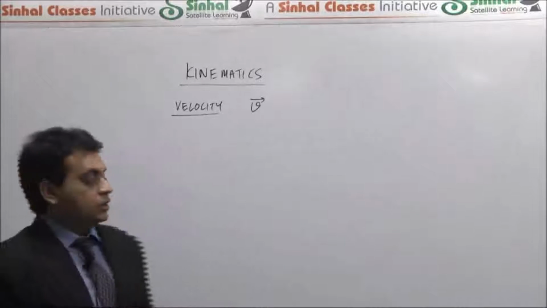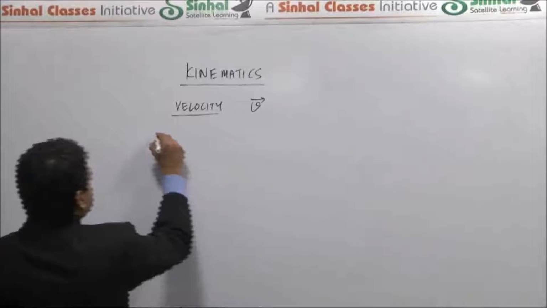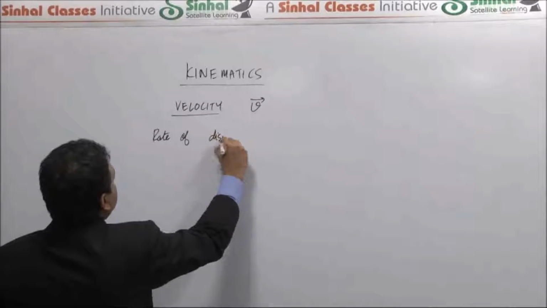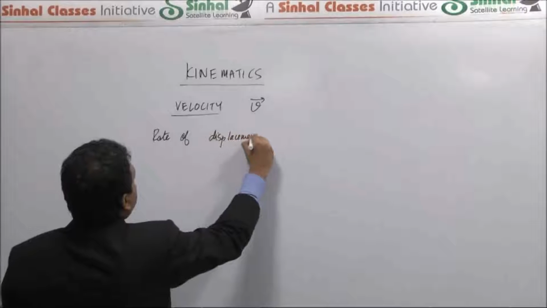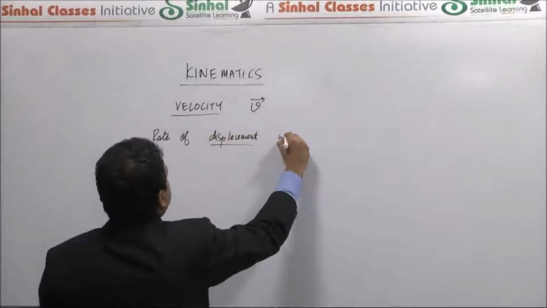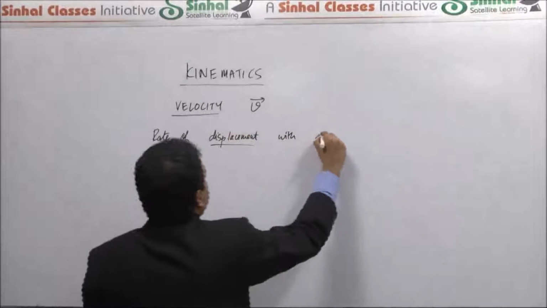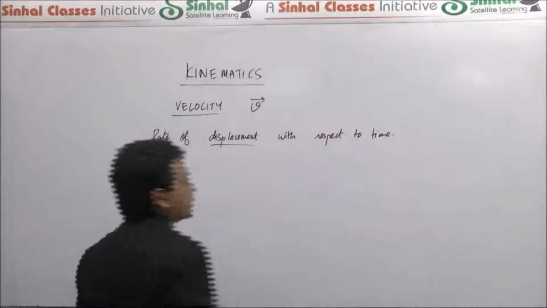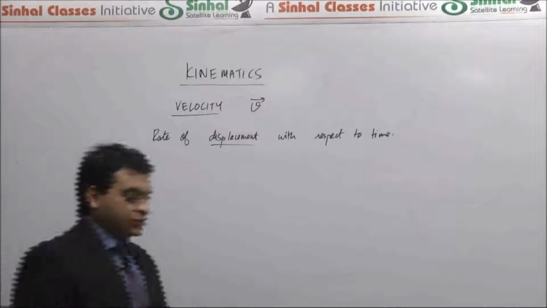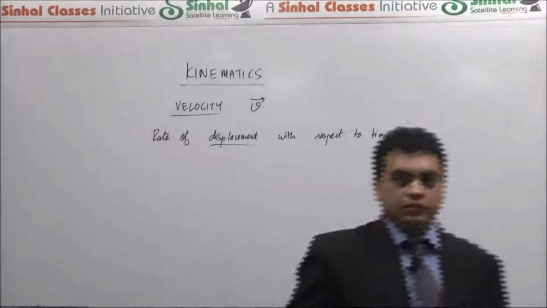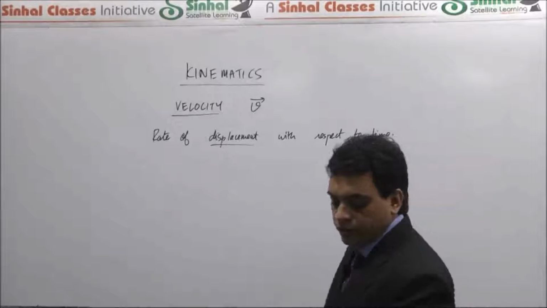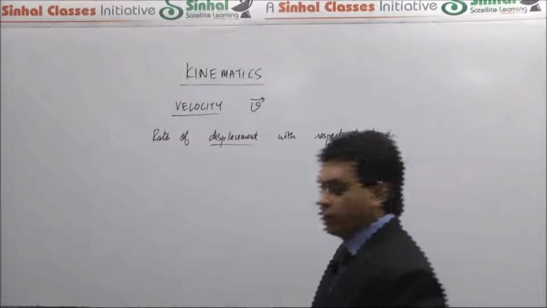So velocity is in general defined as the rate of displacement with respect to time. Again, since we are talking about a rate of change, we will talk in the context of two types of rate of change: the instantaneous rate of change and the average rate of change. Okay?